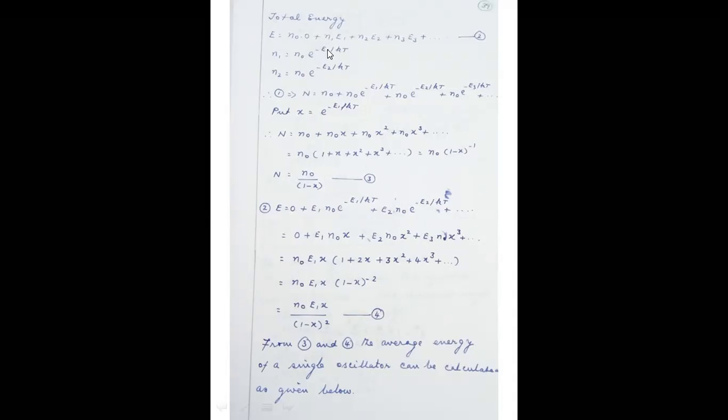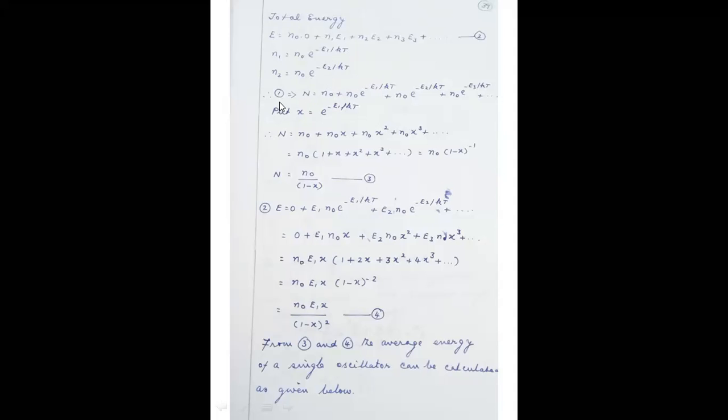If E1 is the energy of the first energy level, then the number of vibrators in the first energy state, N1, is equal to N0 e to the power minus E1 by kT. This is according to statistical mechanics. Similarly N2 is N0 e to the power minus E2 by kT, and N3 is N0 e to the power minus E3 by kT.